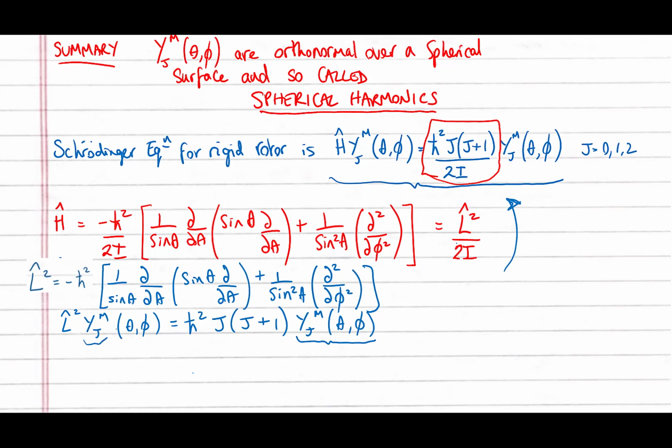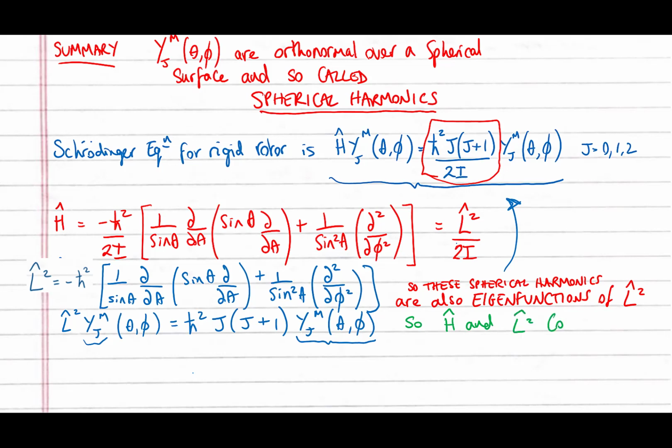And so what's the key conclusion there in this sort of summary? I'll say, so these spherical harmonics are also eigenfunctions of L hat squared. So the key there: the Hamiltonian operator and L hat squared commute.